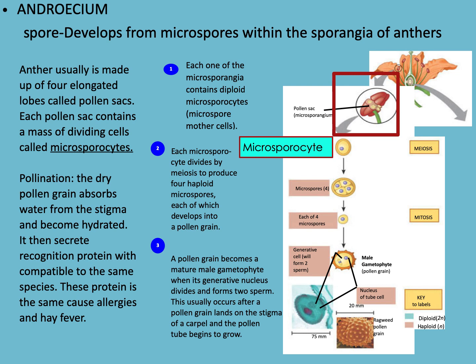It also secretes proteins, including some that are involved in pollen recognition and compatibility reactions with the cells of the stigma. This recognition mechanism is important because it inhibits pollen from germinating and growing on the wrong species. These proteins are the same ones that cause allergies and hay fever.